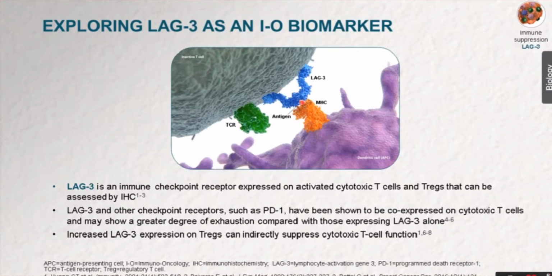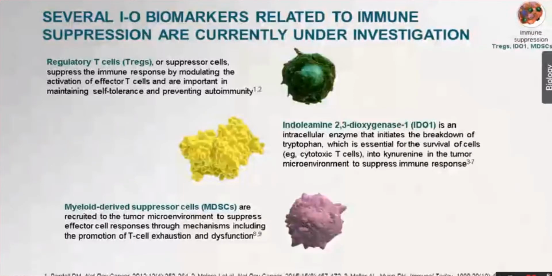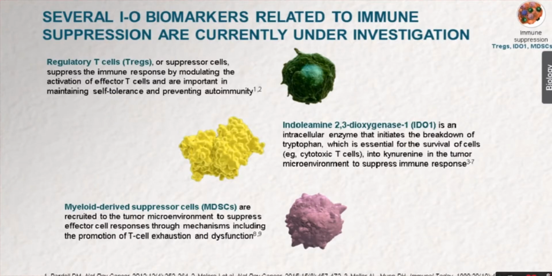So they could be a good marker for identifying tumors that have inactive immune responses. Other markers under investigation include regulatory T cells. The content of them within the tumor could be an important biomarker. These can be measured using immunohistochemistry, potentially RNA analysis, or digital image analysis.